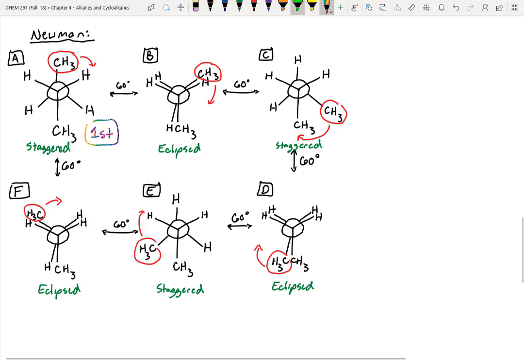In fact, when we look at these, we have a unique way of describing this interaction. People are saying it's destabilizing to have two methyl groups close to one another. This is called a gauche interaction.